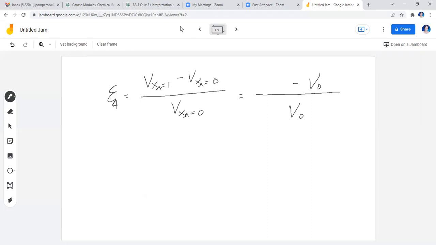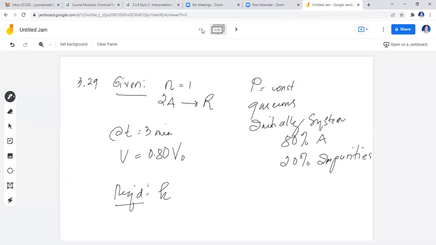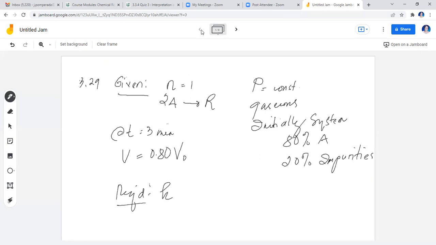Now, we go back to our problem, and let's be very careful in how we determine the total volume of your system at 100% conversion.